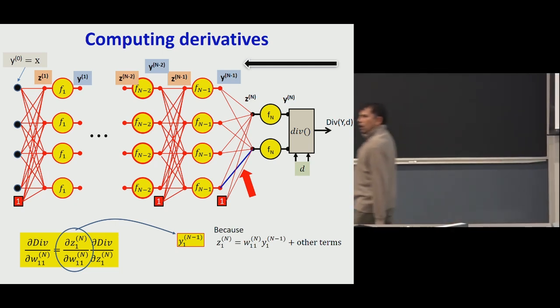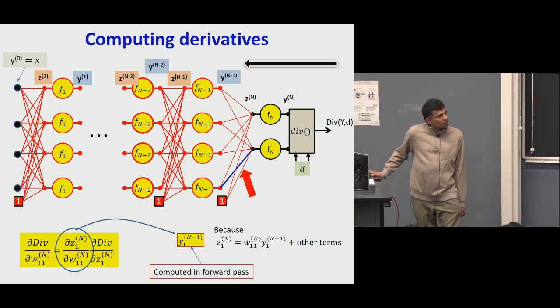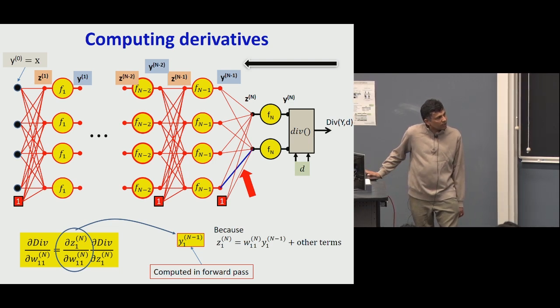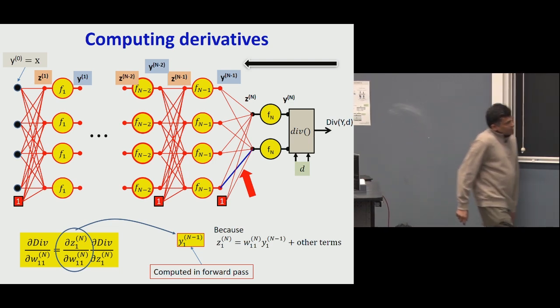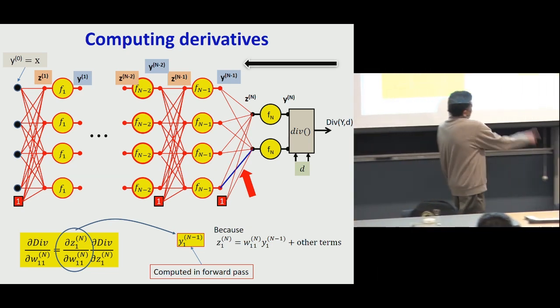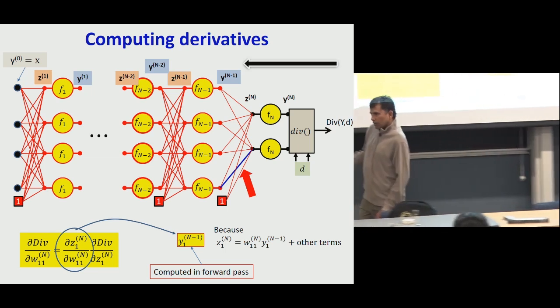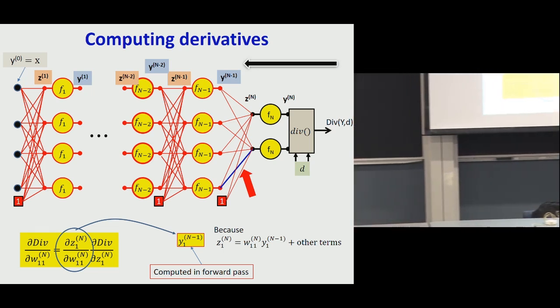And so in this case, this derivative of the divergence with respect to the weight is simply going to be this guy, which is the output of the neuron in the n-1th layer, and this has been computed in the forward pass, right?